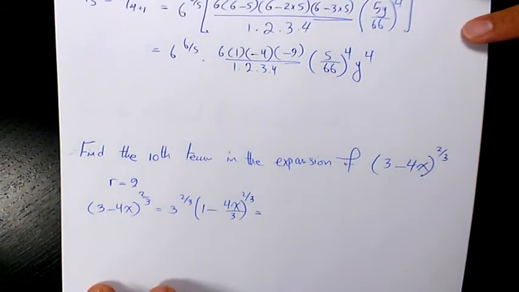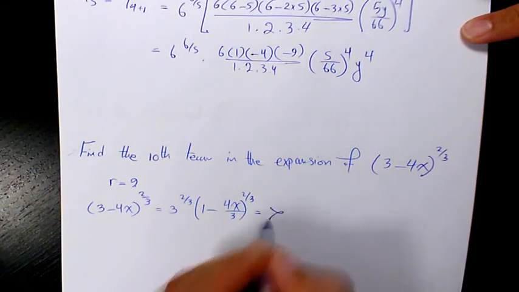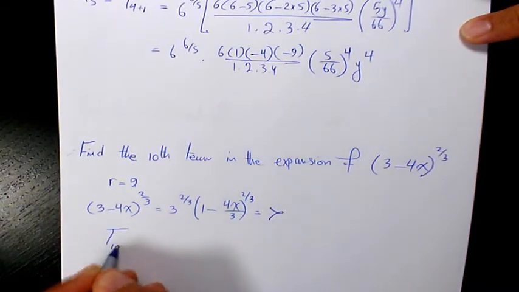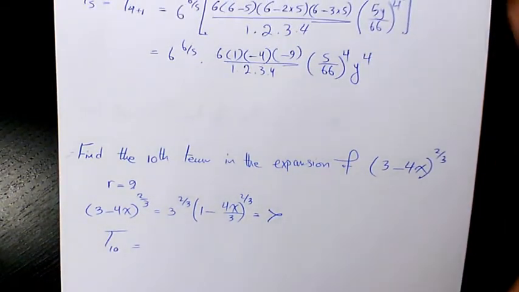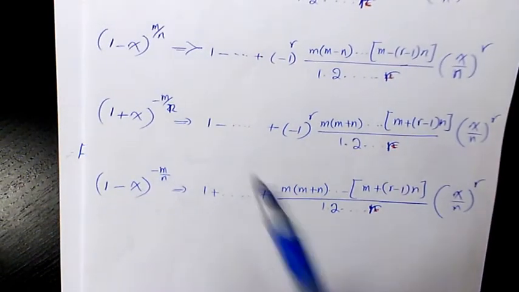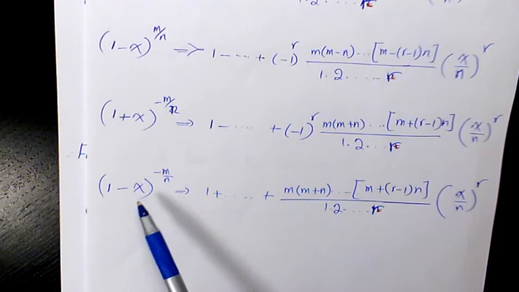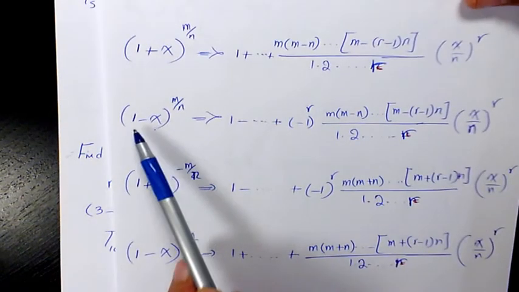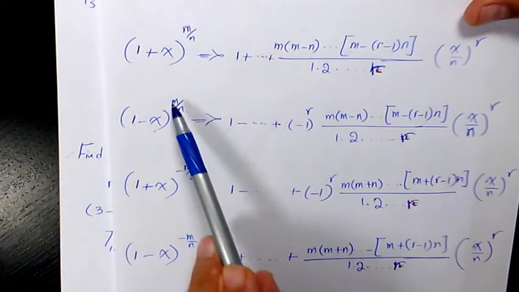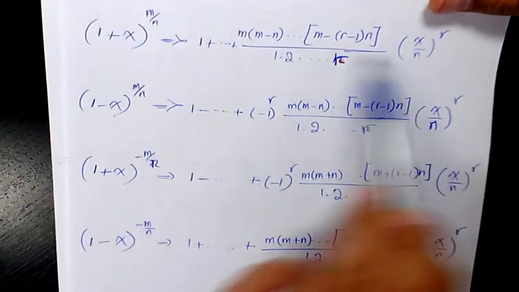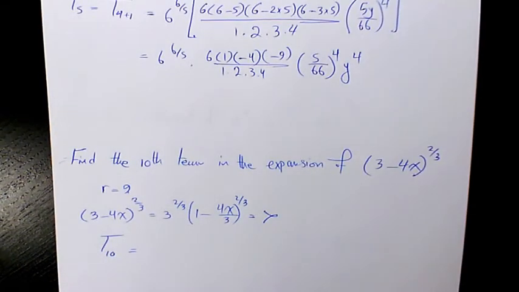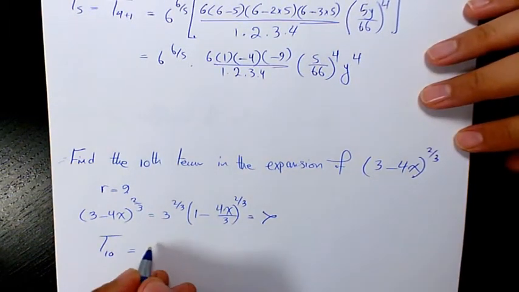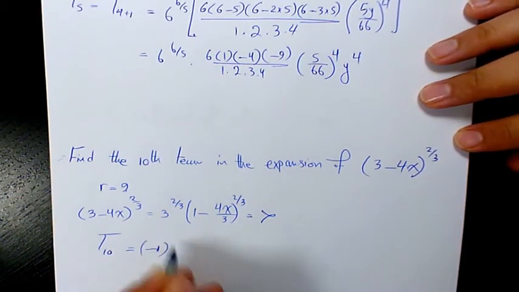So that's going to be T10 equals, the formula we can use here is this one, 1 minus x to the power of m over n, and we need to consider this part, which is going to be negative 1 to the power of r, which is 9.